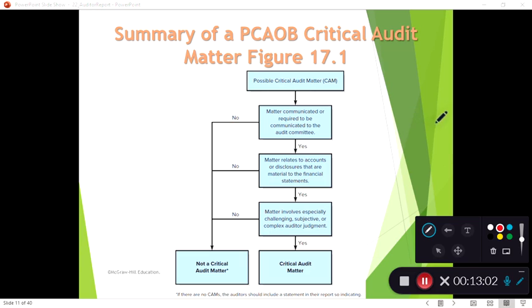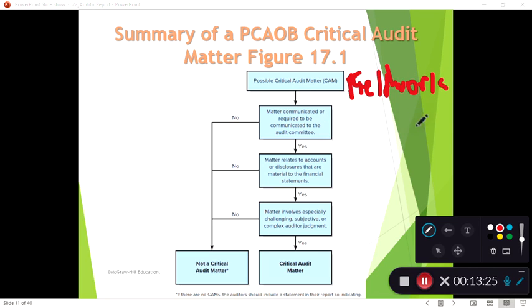Okay, and then how do we get to this critical audit matter? Well, we've got field work here, right? Oops, that's a terrible F. Let's try that again. Man, my handwriting with the mouse is not very good.